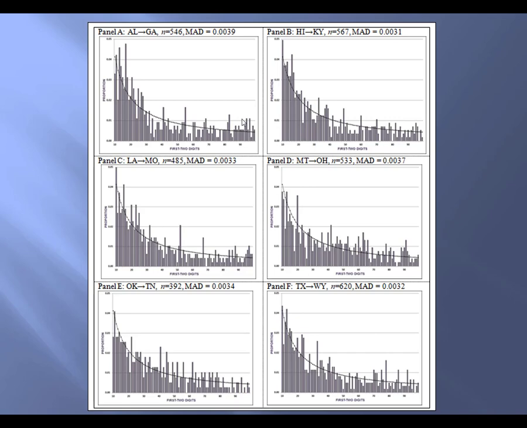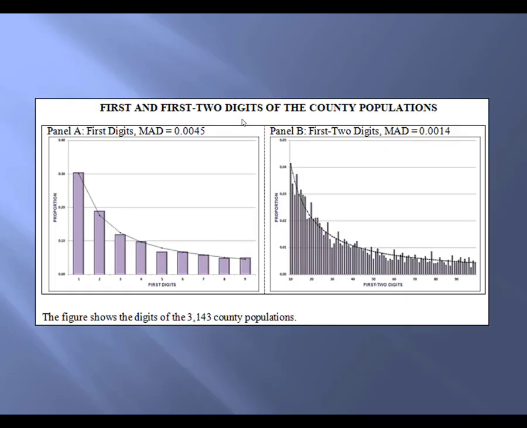And watch what happens. When I go down from 3,000 to 500, this data has all the properties that make it suitable for following Benford's law. This gets very, very messy. Watch. The mean absolute deviation, I'm looking at the top right here, is 0014 for all 3,000 counties.